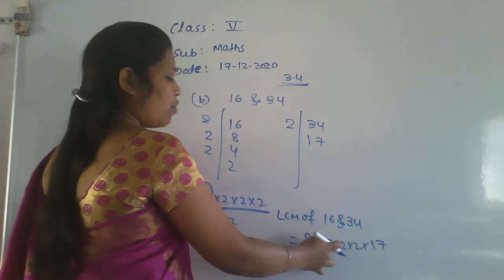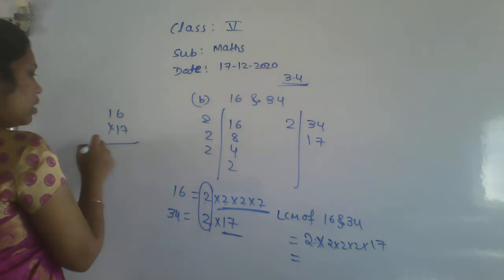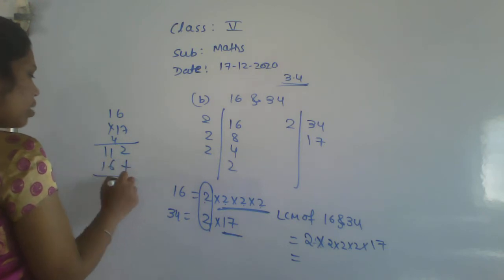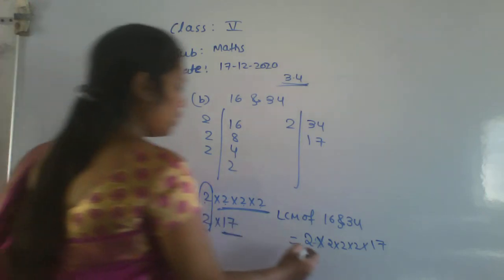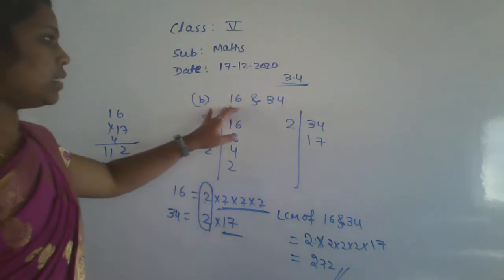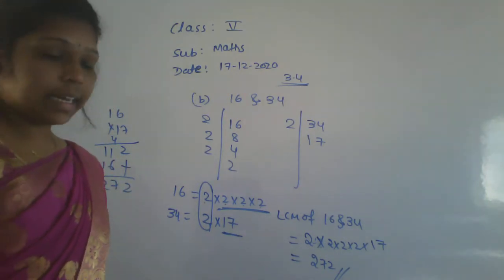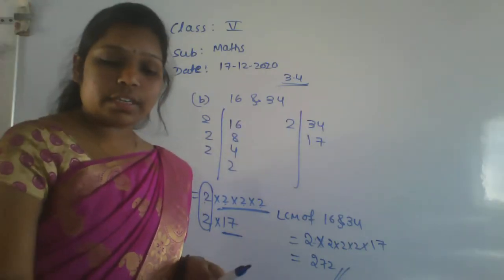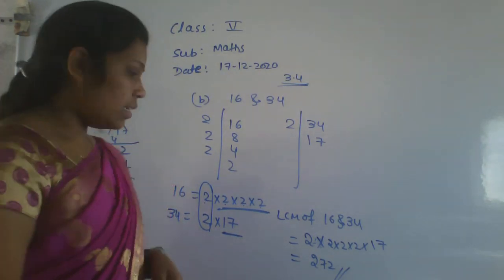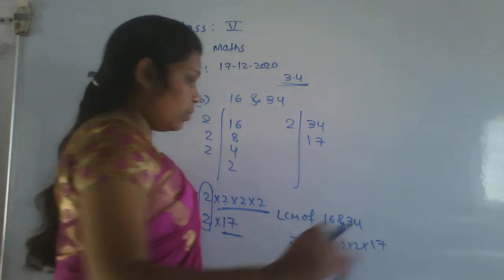That is 2 into 2 into 2 into 2, which is 16, into 17. 16 into 17 is 272. So the LCM of 16 and 34 is 272. Like this we have to do.